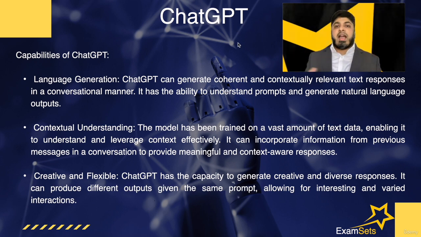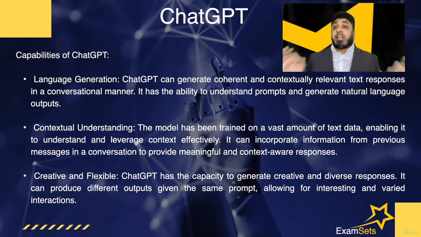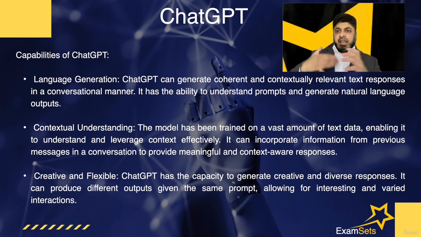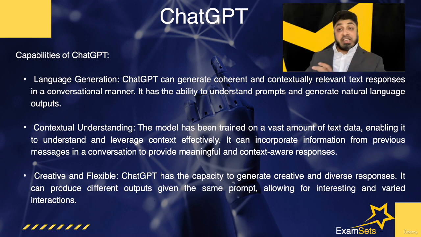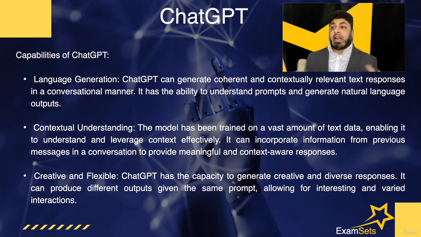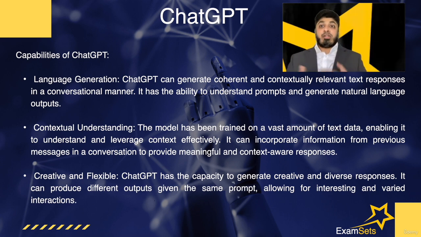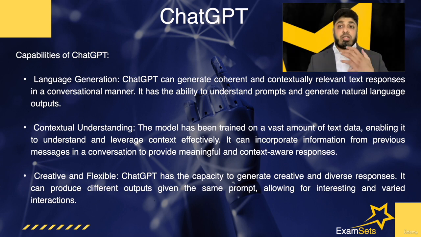See, the model has been trained on a vast amount of text data, enabling it to understand and leverage context effectively. So it's basically based on the data given to it. Different cultures, different languages, how each person communicates based on their culture, their gender, their age, all these are mapped with respect to context.